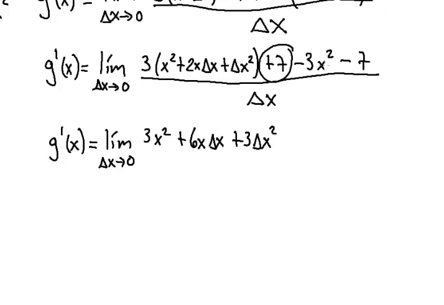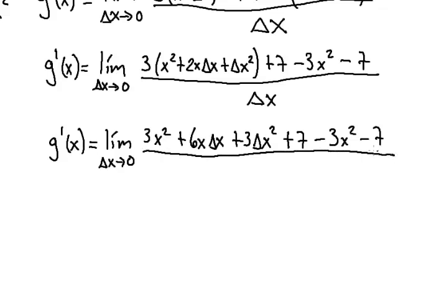This plus 7 and this minus 7 are going to cancel each other. You could do that here, or you could just copy them. In this case, I'm going to copy them, but if you decide to eliminate them before, it's also correct. So I'll put plus 7 in here, minus 3x squared, minus 7. I'm just going to copy them. All of that is going to be divided by delta x.